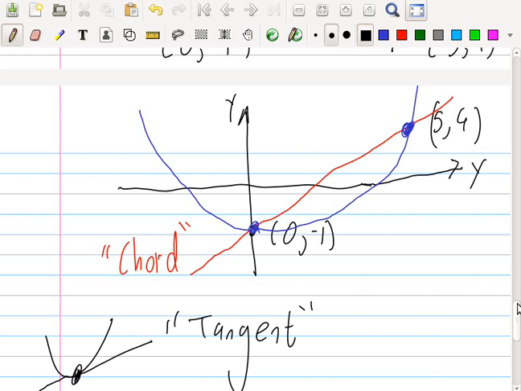Okay, I'm going to look at one that's more difficult now. 2a.